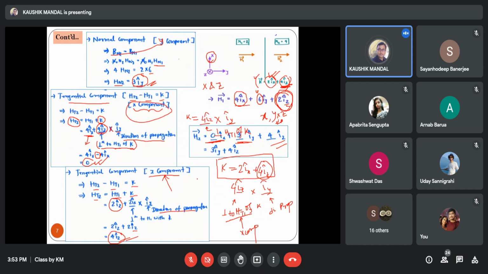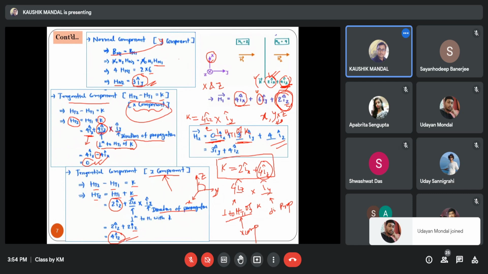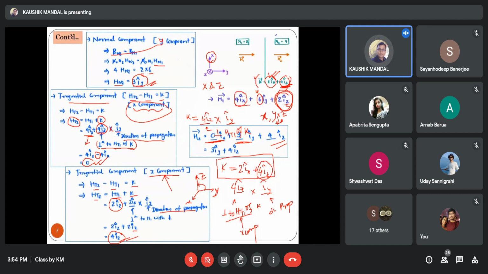If you consider three axes in this way, x, y, and z, and say this is y cross z, obviously it goes in the direction of x.